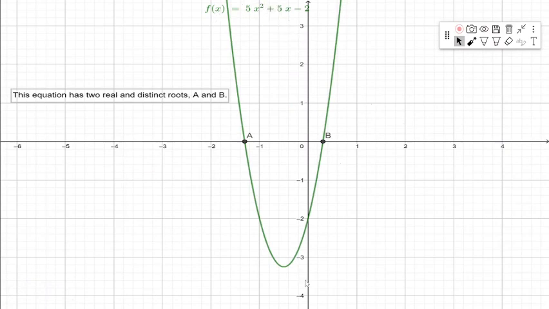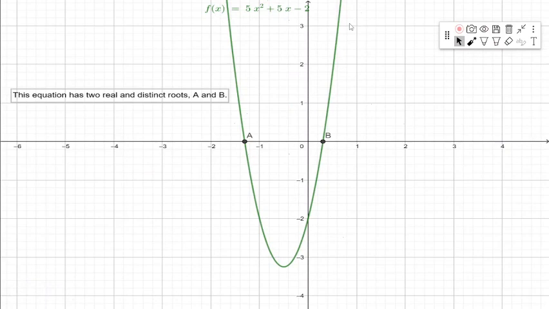So this is just a graph I did, and you can see these are where the roots are. We didn't really have to calculate the roots per se, but you can see that there are two roots in two different places and they're real numbers. This is about negative 1.3, and if I had to estimate, that's about 0.3, but we didn't have to calculate the roots, so that isn't the point.